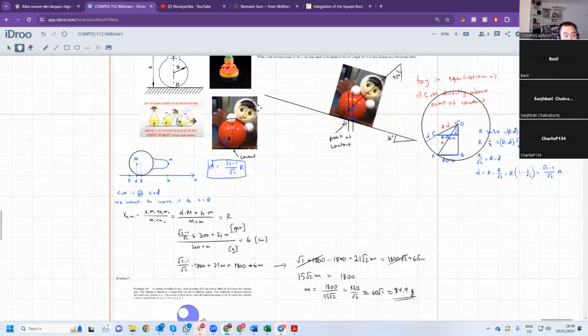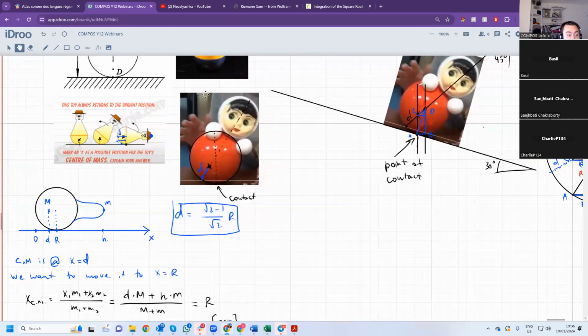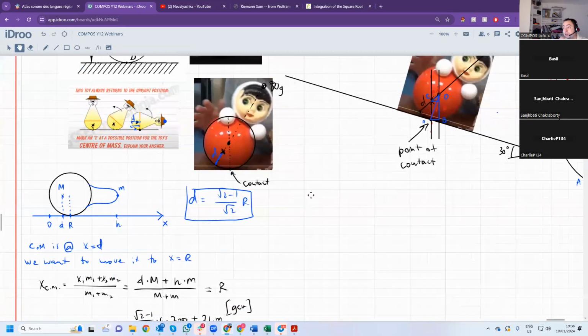Just a quick sanity check: if it's a 300-gram toy and the center of mass is here, and we attach about 80 grams to the top, the center of mass is very likely to shift to this position, and then the toy will lose stability and just topple over.